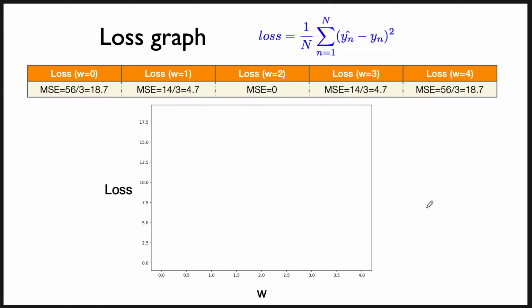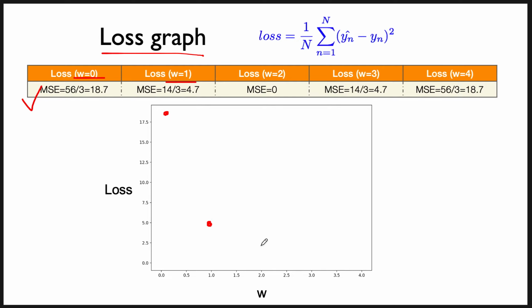If you want to understand the loss graph better, here is what we are going to do. For given weights, we compute the loss. For example, when W is 0, the loss is 18.7, around here. When W is 1, the loss MSE is 4.7, around here.